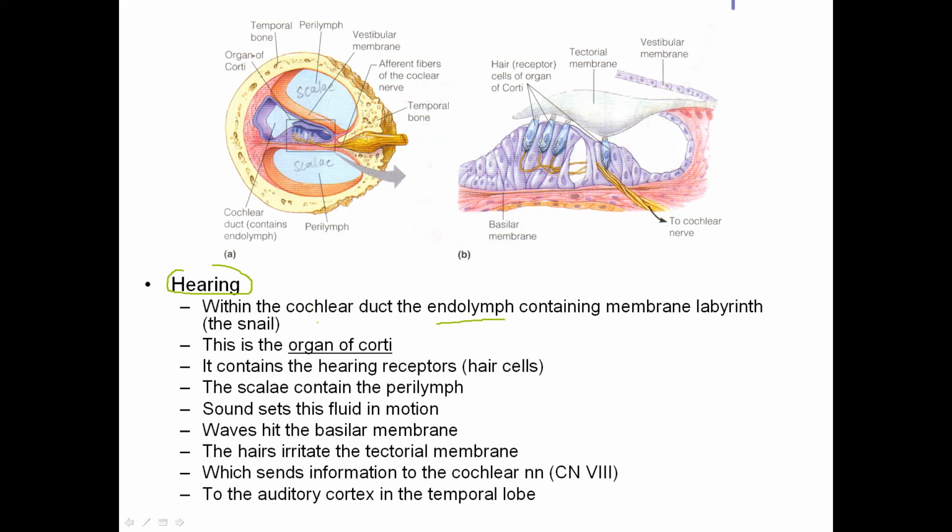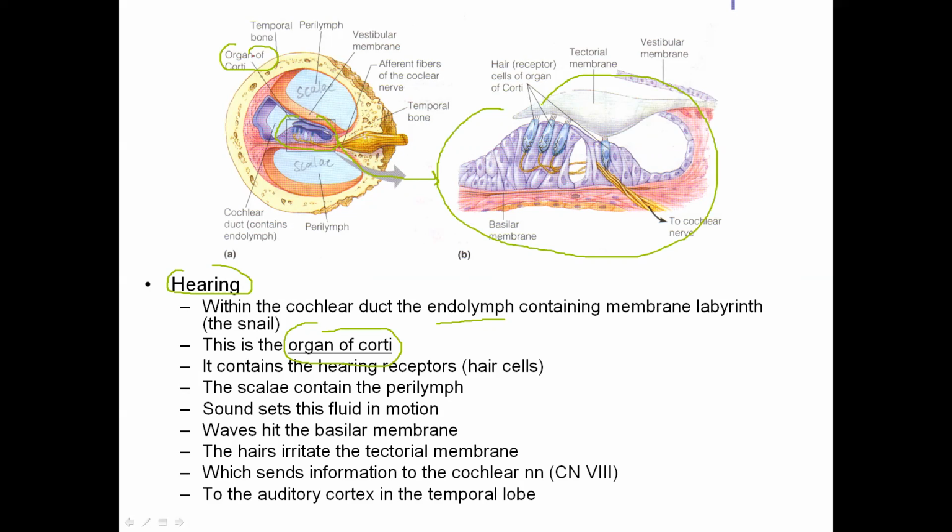You also need this thing called the organ of Corti. The organ of Corti is right here, and then we're going to enlarge it. So there's a big picture of the organ of Corti. That is the functional hearing area of the ear. You have to have this.